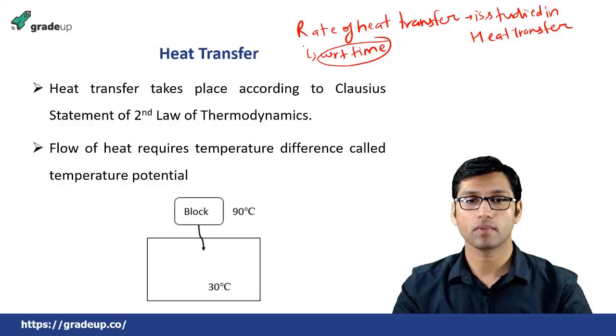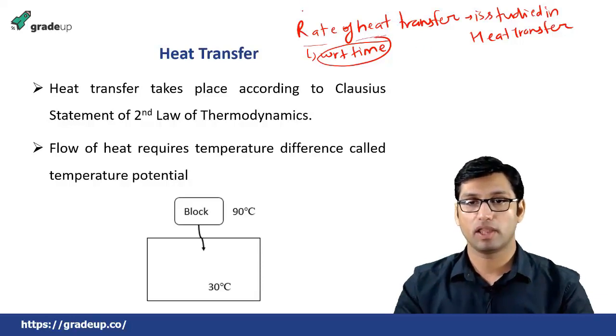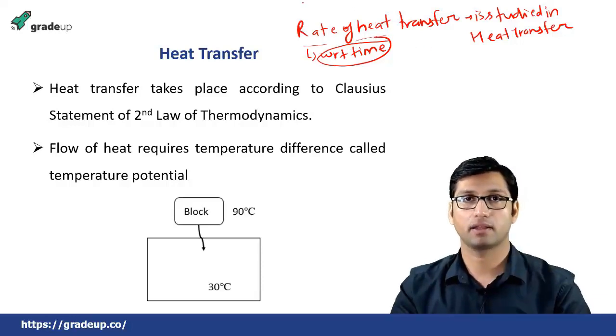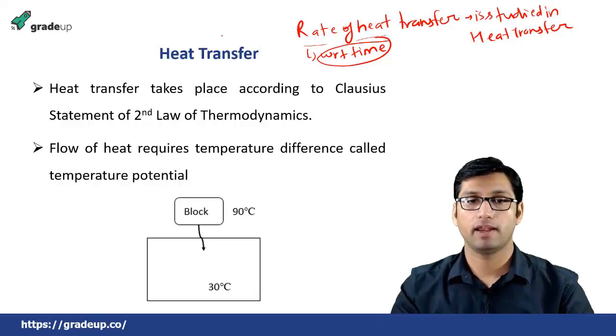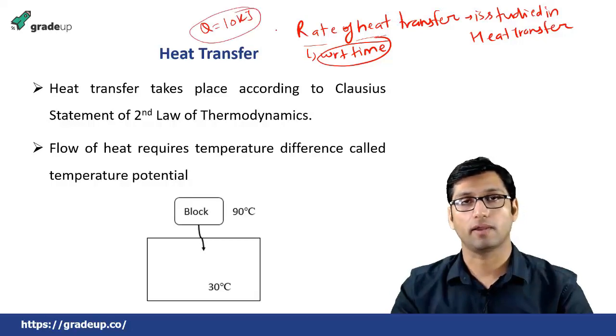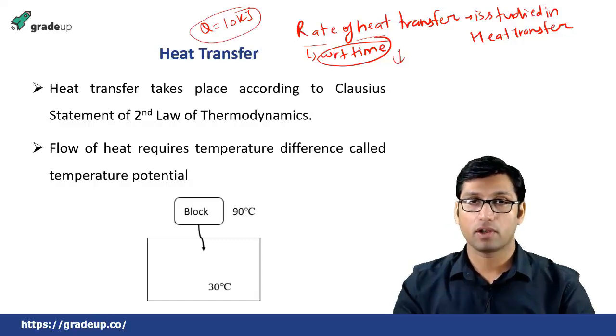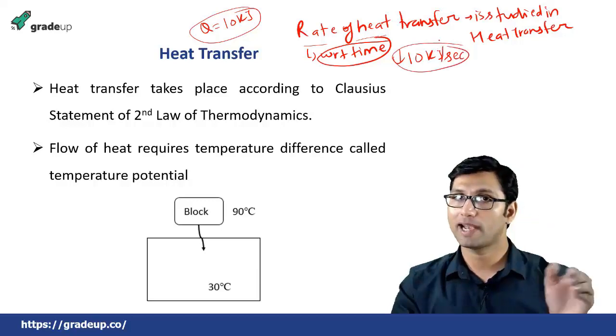Taking the example of a tube light, in thermodynamics we will be interested to know that the heat transferred is equal to 10 kilojoule, which is the amount of heat getting transferred. But in heat transfer analysis for a tube light, it will be 10 kilojoule per second of heat getting transferred from the tube light to the surrounding.